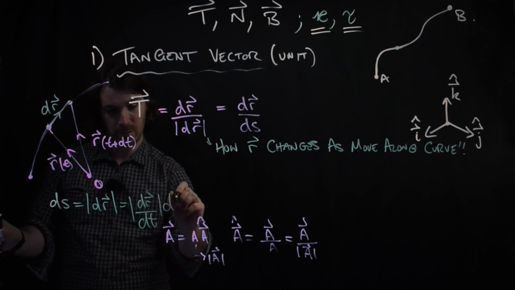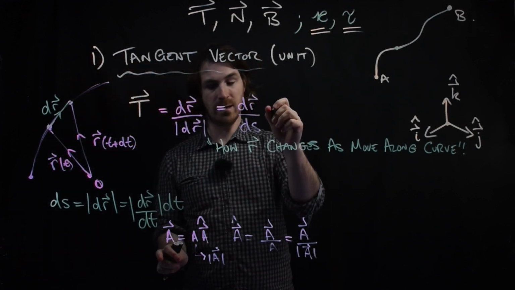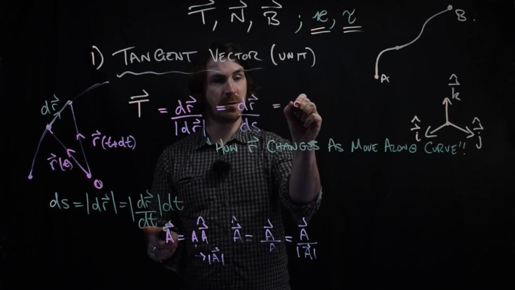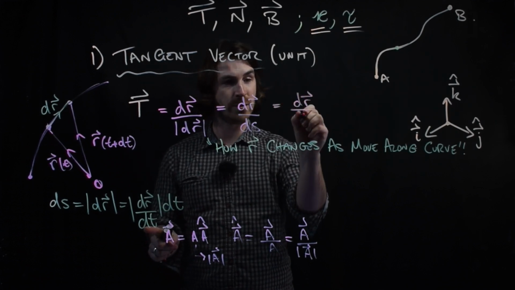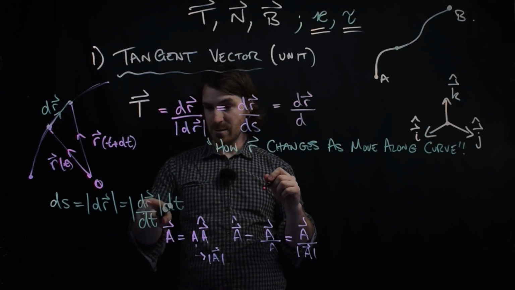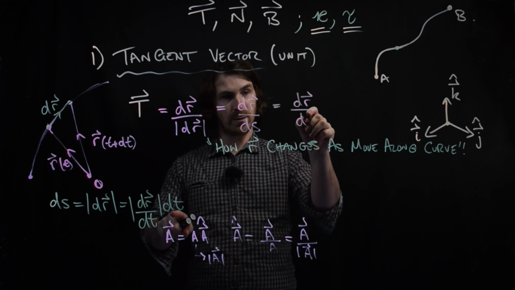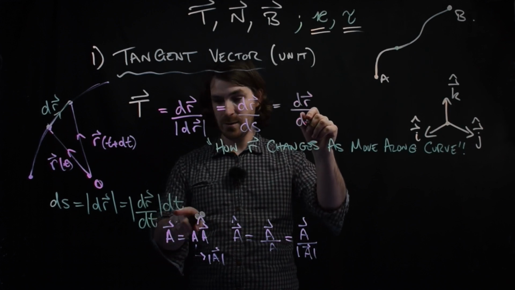So in this case, we have dr vector by ds, where ds is this thing, dt. So we'll get a dr by dt.